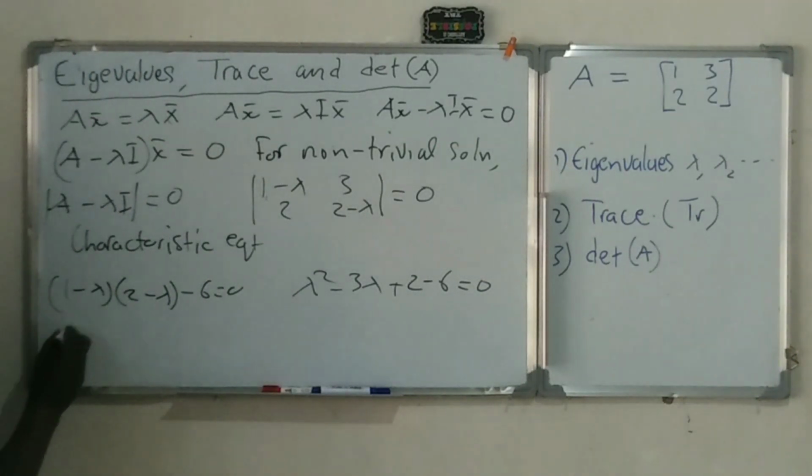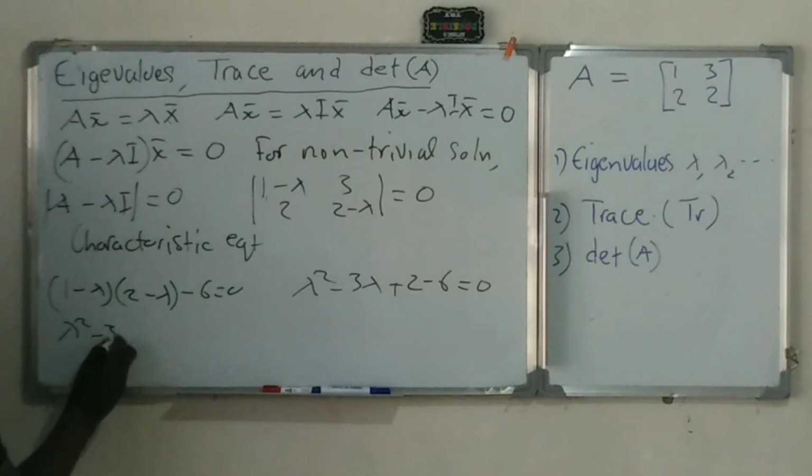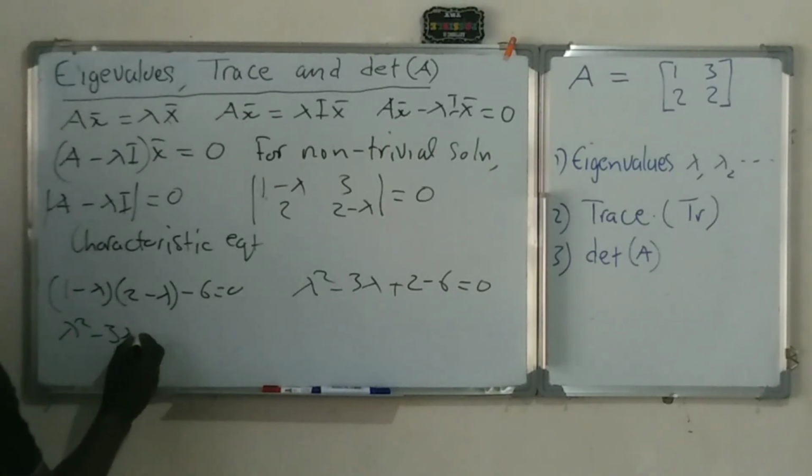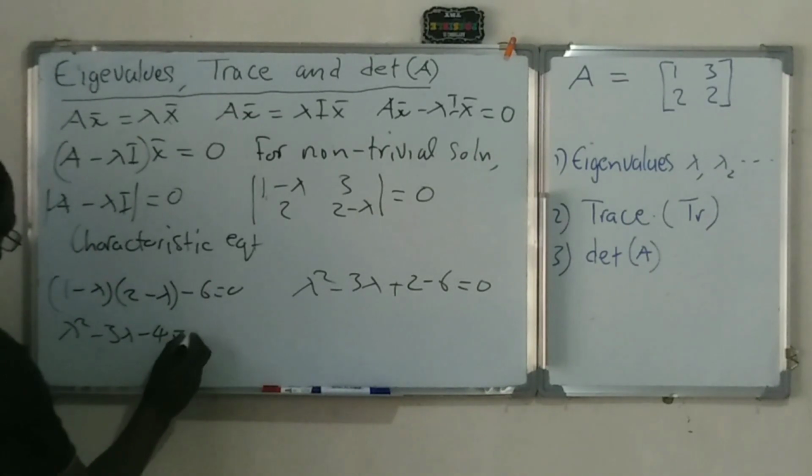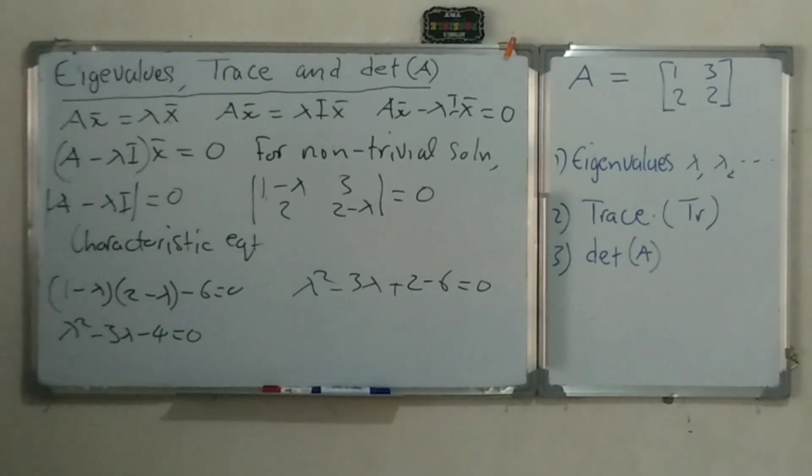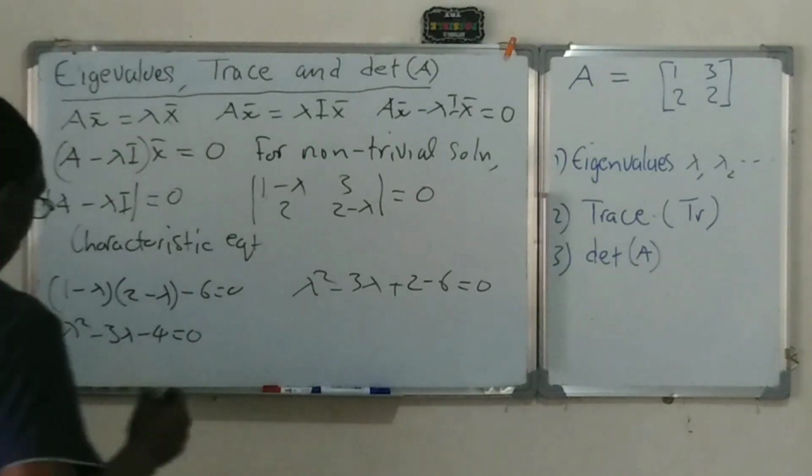Simplifying, we have lambda squared minus 3 lambda minus 4 is equal to 0. Now, we can solve this using the method we want. We can use the quadratic formula, or we can use factorization. I think it's easy to factorize, so let's do that.